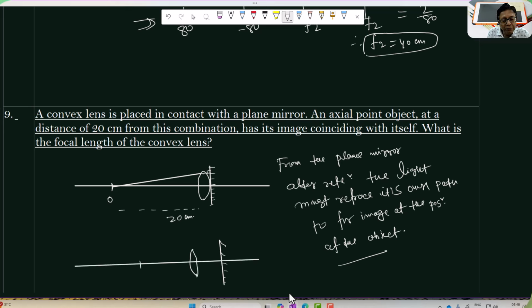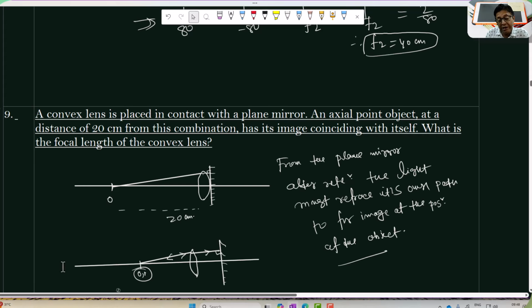To form the object and image at the same place, this is the ray. It must fall on the mirror at a right angle so that it can retrace its own path, and object and image will be formed at the same place.